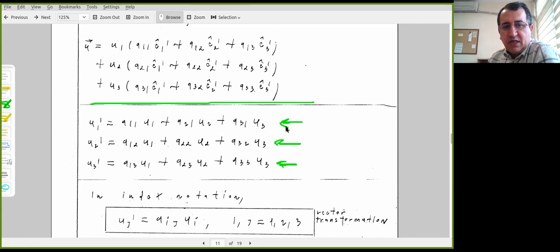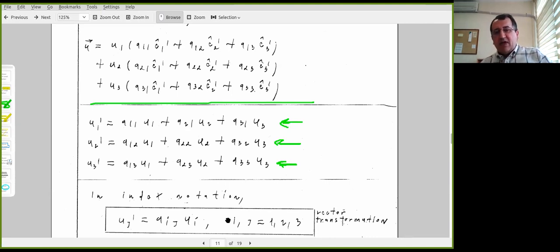So this should act as a dummy index, and that dummy index is i here. The second subscript is fixed and equal to this subscript, so this j is the same as the j on the other side. Therefore, there is a summation here, and vj prime is equal to Aij vi for j equals 1, 2, 3. You see that j varies from 1 to 3: j equals 1, j equals 2, j equals 3. And in each equation, for each j, i varies from 1 to 3, hence the summation.